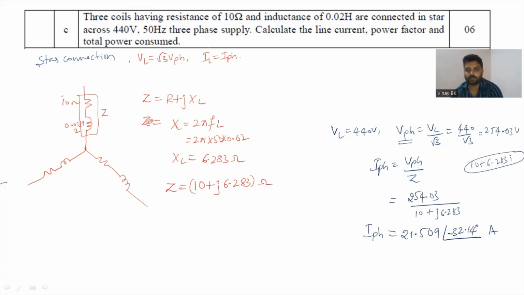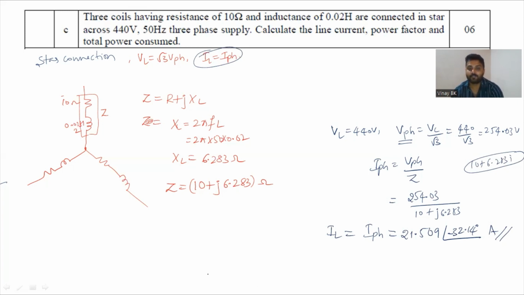But what is the condition of star connection? IL equals IPH. So you can write IL equals IPH equals 21.509 at an angle of minus 32.14 degree. You should write in polar form, remember, because they have given a complex form, so the current has both magnitude and direction.